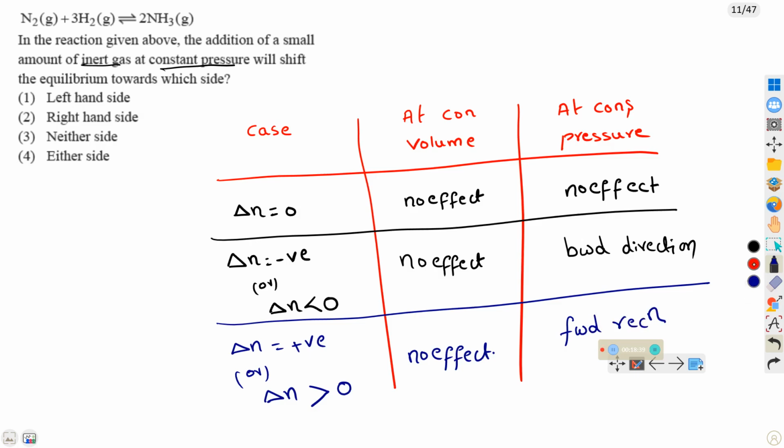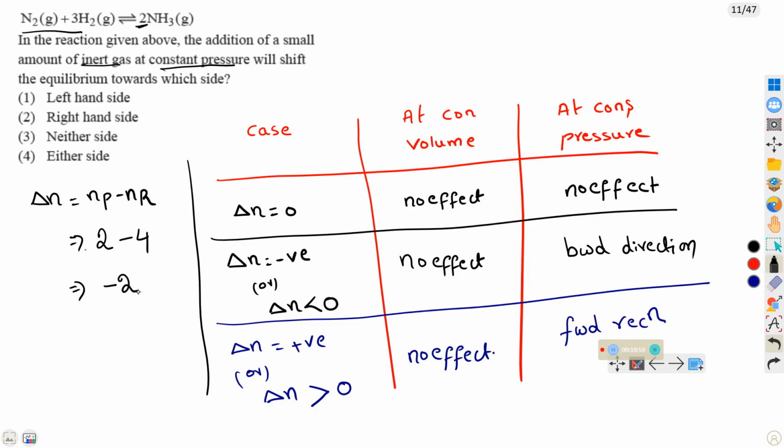Now calculate the value of delta N. Delta N is equals to Np minus Nr. Gaseous products and gaseous reactants: we can consider 2 moles of gaseous products, 4 moles of gaseous reactants. 2 minus 4, that is equals to minus 2. The value of delta N is negative. At constant pressure, backward reaction takes place.